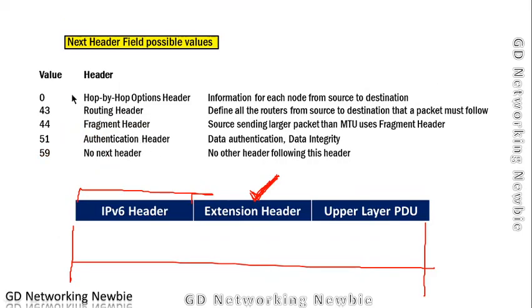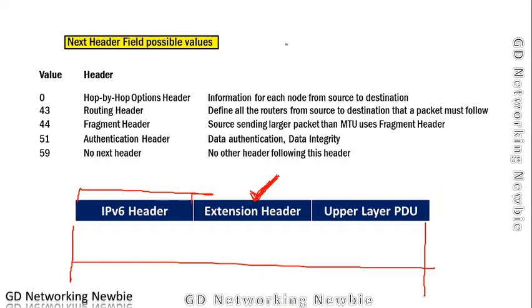And the value in the next header field may be 0 or 43 or 45, and there are many extension headers possible in IPv6. Some of them have been mentioned here. For example, if in the next header field we have a value of 0, this indicates an extension header, the hop-by-hop options header, and that header indicates information for each node from source to destination.